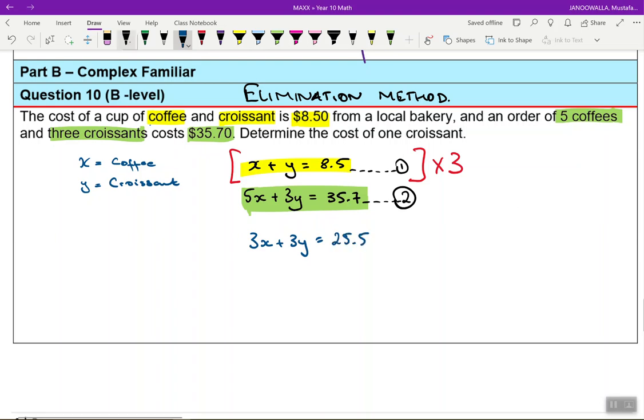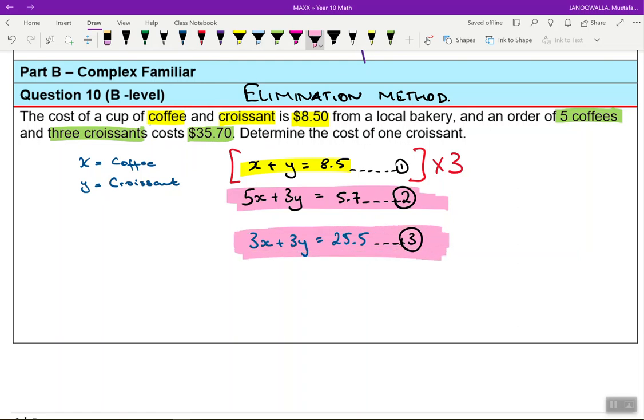I'm going to call this equation 3. Now we're going to use equation 2 and the new one that I just formed. I'm just going to highlight them both pink, so these are the ones I want to use. Remember, the bottom one is just the new and improved equation 1.